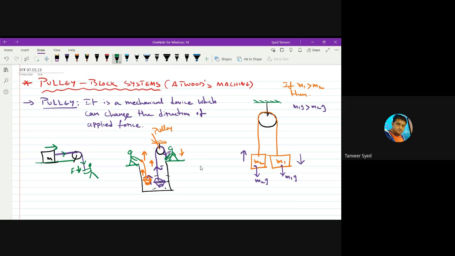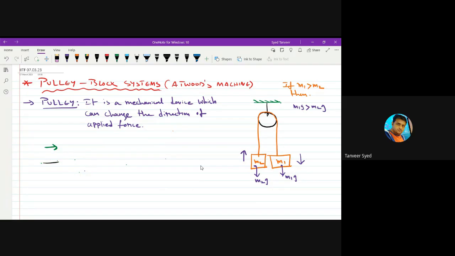Okay. Now, come to this example, M1 and M2 suspended through a pulley. M1 is heavier than M2. So the weight of M1 is more than the weight of M2.